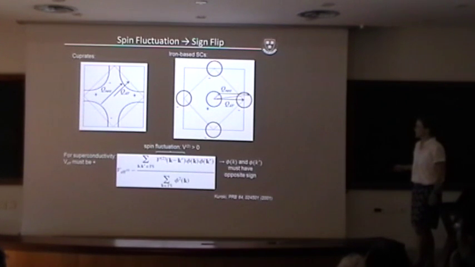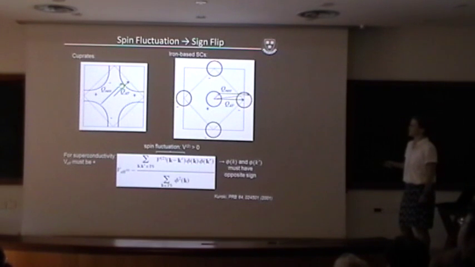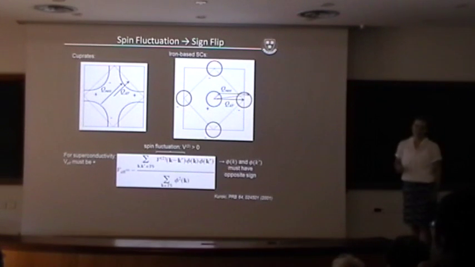What that means is that if you are going to propose a spin-based mechanism with a magnetic ordering vector, then the nesting vector, which connects Fermi surfaces at that magnetic ordering vector, must be connecting a positive sign to a negative sign in order to give you a positive effective interaction with superconductivity. That leads to, in the cuprates, a D-wave pairing scenario where there's actually a sign flip on the same Fermi surface, with a node where the order parameter goes to 0, and in the iron-based superconductors that would lead to a sign flip between the hole pockets and the electron pockets.